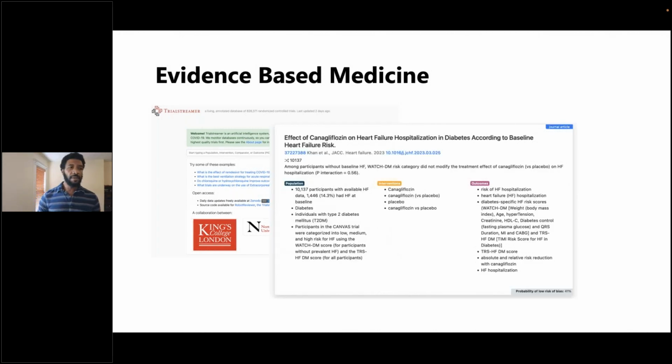In particular, things like what are the populations being described in the studies, what are the interventions being analyzed, and what are the outcomes being measured. And so these elements, the population, the interventions, and the outcomes, are key elements for well-formulated clinical questions and what characterizes randomized control trials.